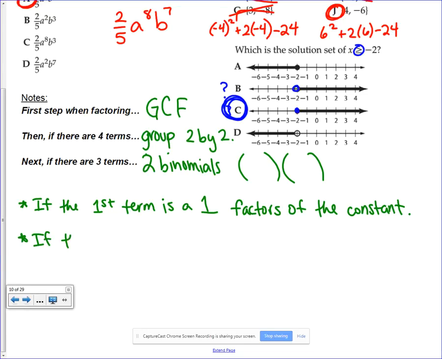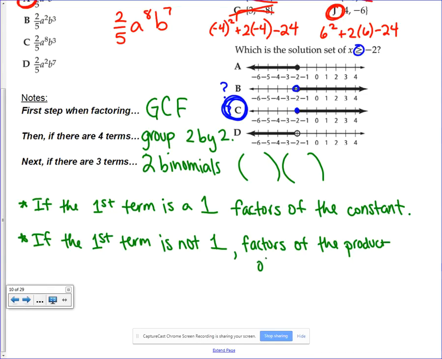If the first term is not 1, you need factors of the product of the first and last terms.